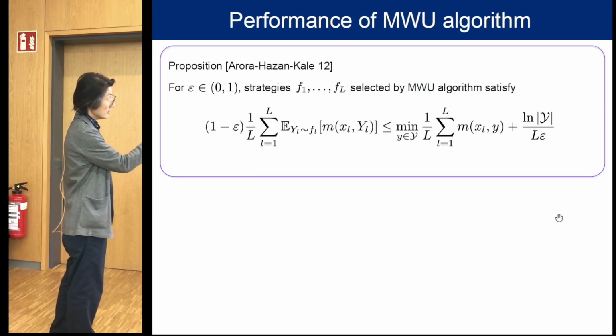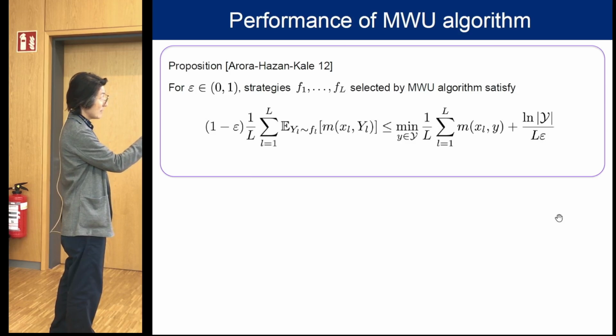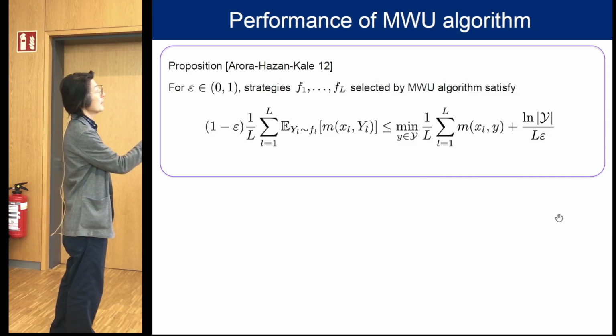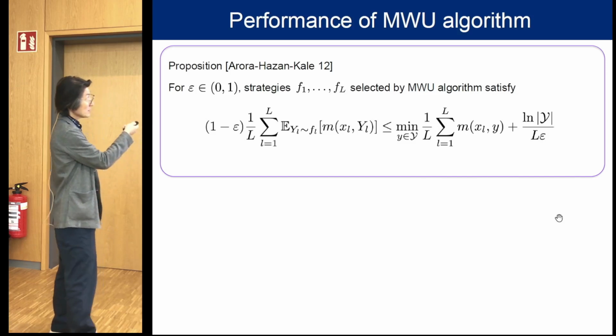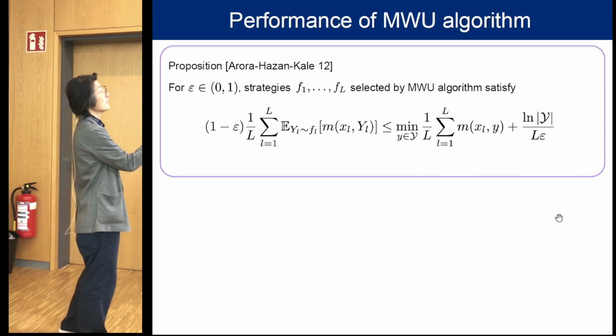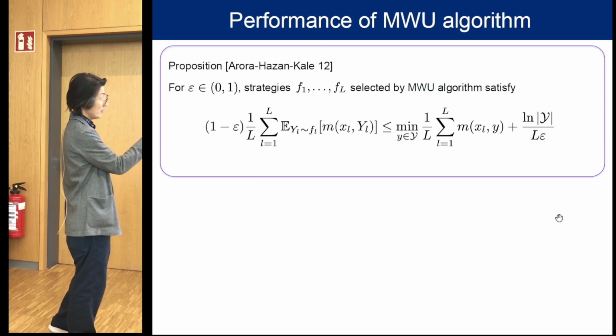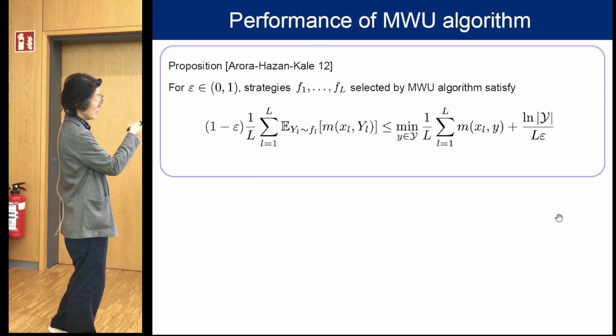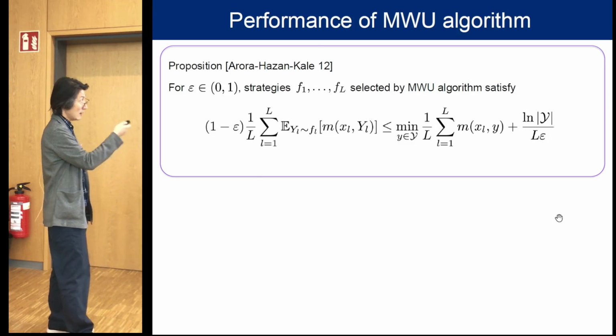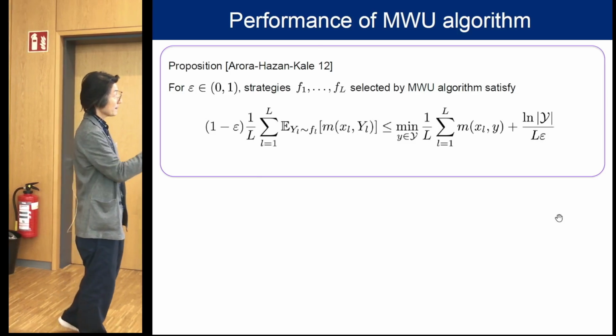And on the other hand, the right-hand side is the cost of Y player's best strategy in hindsight plus some error term. And if epsilon is very small and if L is sufficiently large, this term will be very small and this will be almost 1. So we can get our goal.